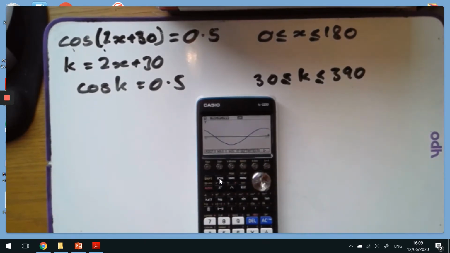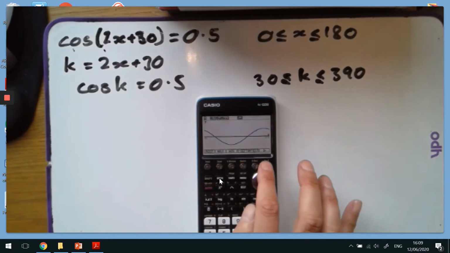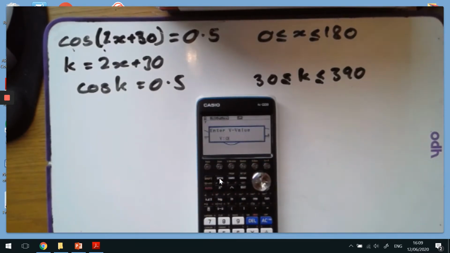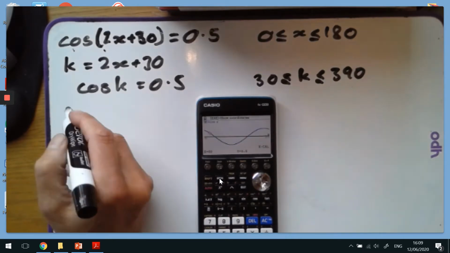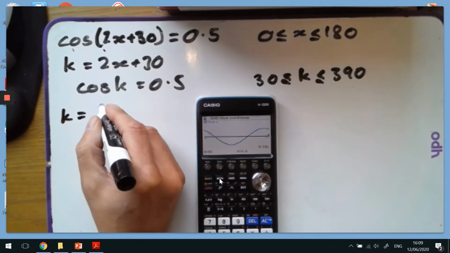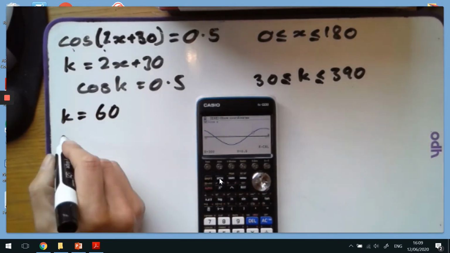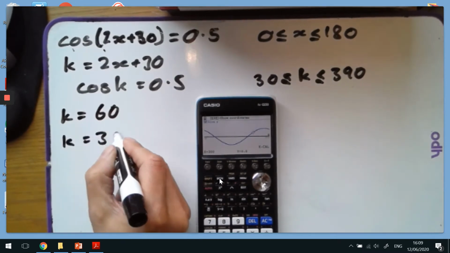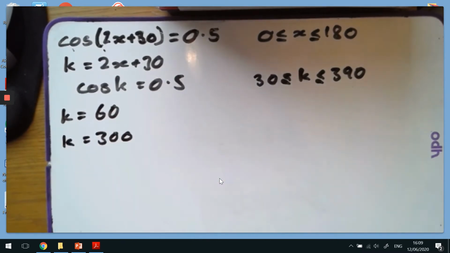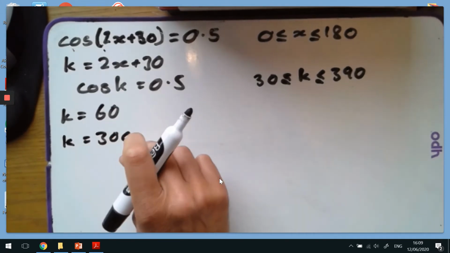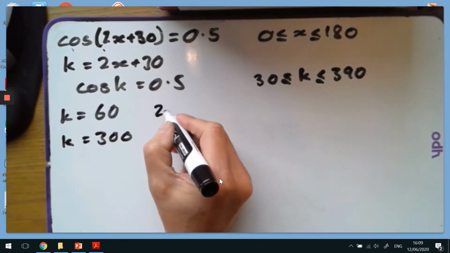I do G-solve and x-calc, and I'm solving for cos of k equals 0.5. So I've got k equals 60. And I have got k equals 300. Okay, but that is not the x, that is actually k.